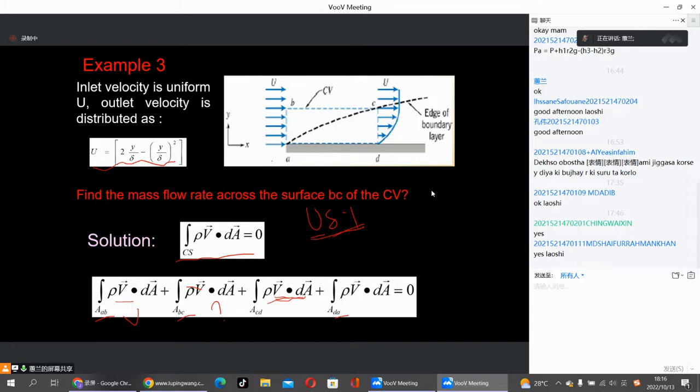And for DA, what will be the volume flow rate across it? DA is a solid boundary, so this will be equal to 0 because no flow will cross the solid boundary. So this is given, this can be calculated, so we can find this out directly.